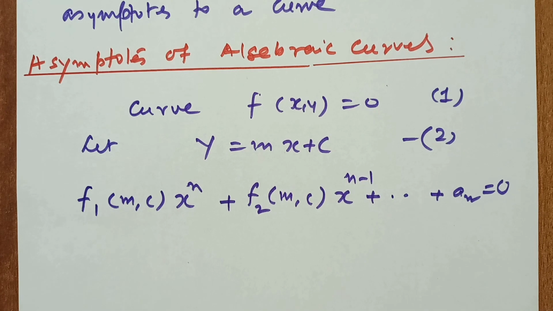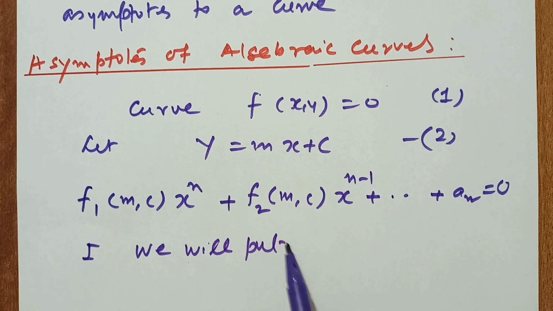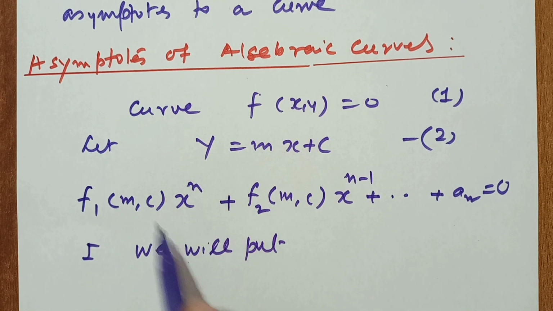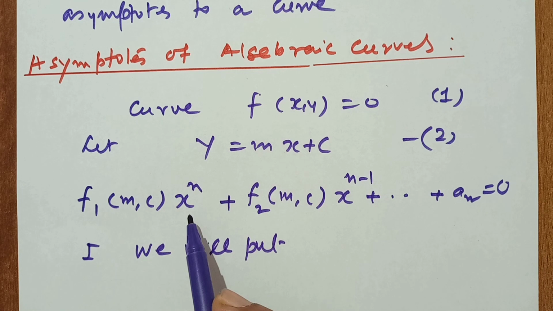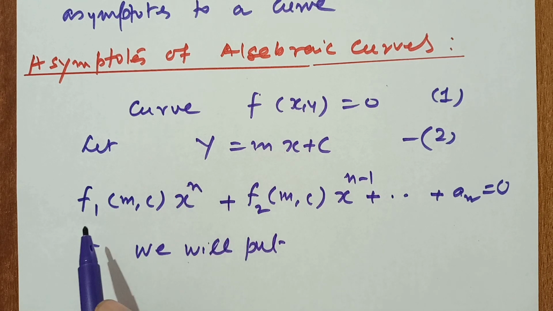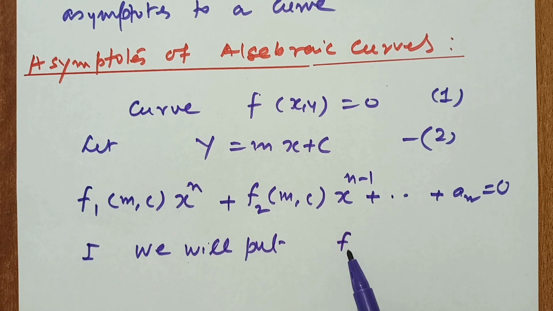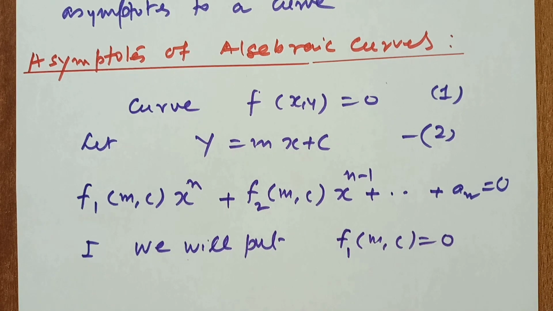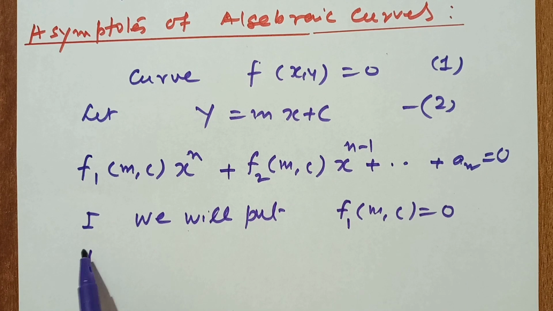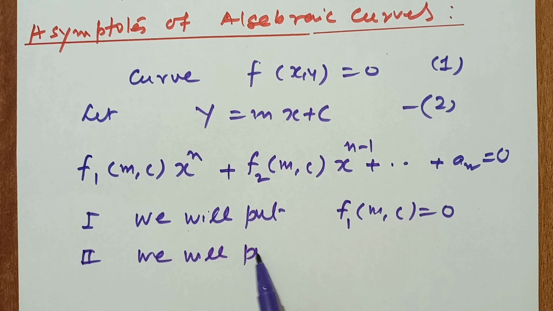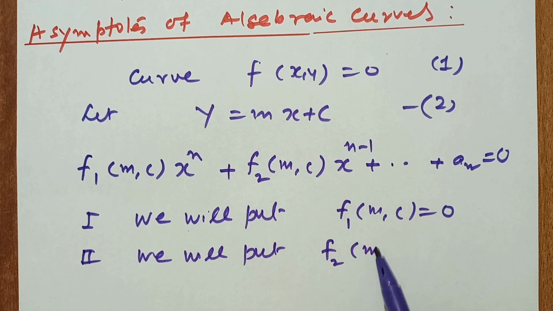So the first step is we will put the coefficient of the highest degree of x, meaning the coefficient of x to the power n, equal to 0, meaning f1(m,c) equal to 0. And the second step we will put f2(m,c) is equal to 0.